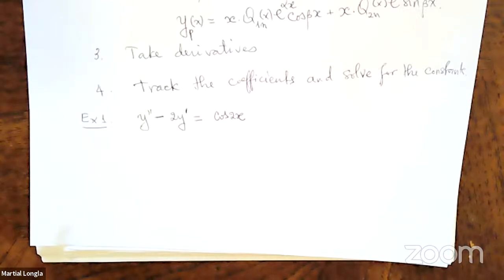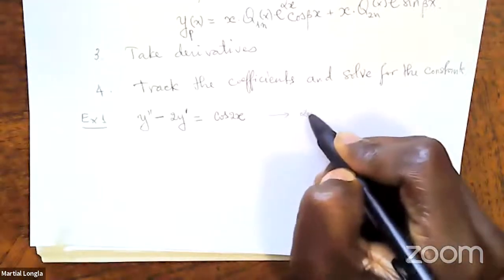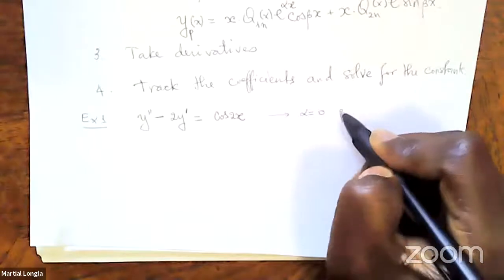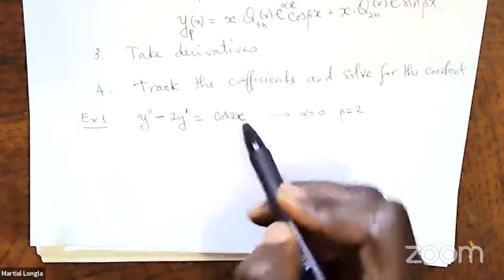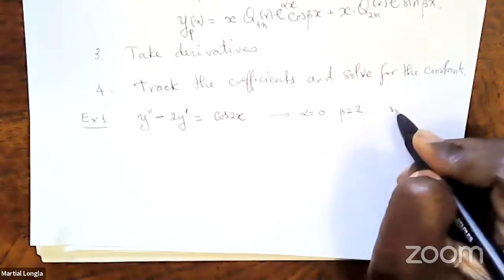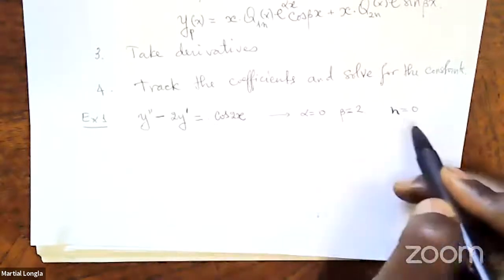In this case, your alpha is 0 because you don't see any exponent. So right there, you get alpha equals 0 and beta equals 2. And the polynomial is of degree 0 because you don't have any powers of x here, so you get n equals 0.